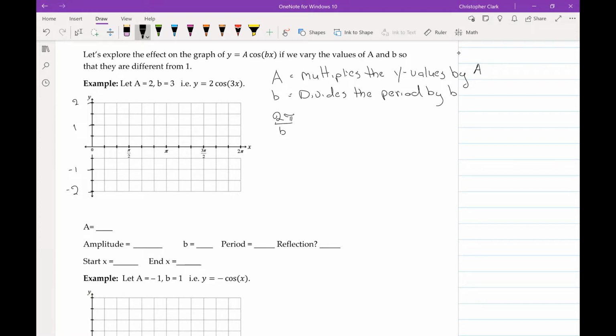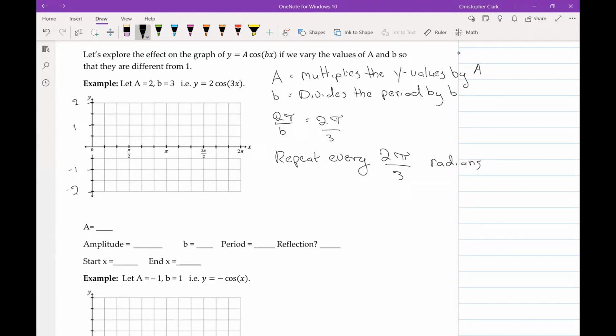Now, let's figure out the period. So 2 pi over b is 2 pi over 3. So this is my period. This means that it's going to repeat every 2 pi over 3 radians. Now this is kind of interesting.